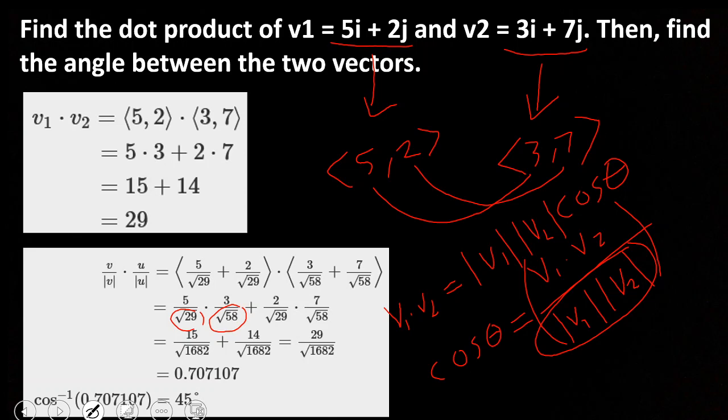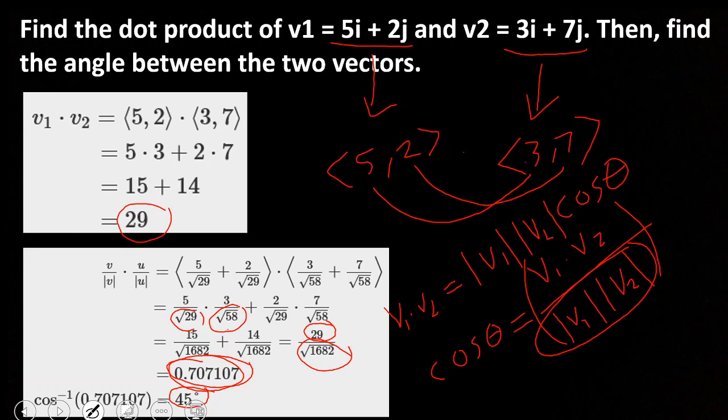Now we also have to do the dot product of that dot that, which is 5 times 3 plus 2 times 7, which is 29. We already know that. So that would be 29 divided by square root 29 times square root 58. And if we take cosine inverse of that, we're going to get this angle. So cosine inverse of this number would be 45, which is the direction of this vector, right?